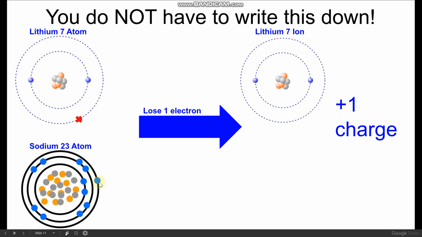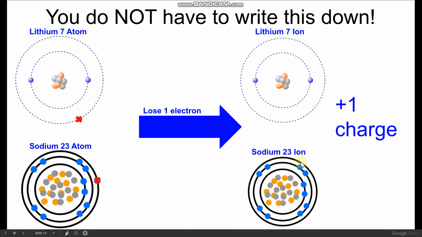Okay? But again, the sodium atom is going to lose 1 electron, so we're going to get rid of that electron. We're going to end up with an empty outer orbital. Right? This outermost orbital doesn't have any electrons in it, and so for that reason it also has a +1 charge.